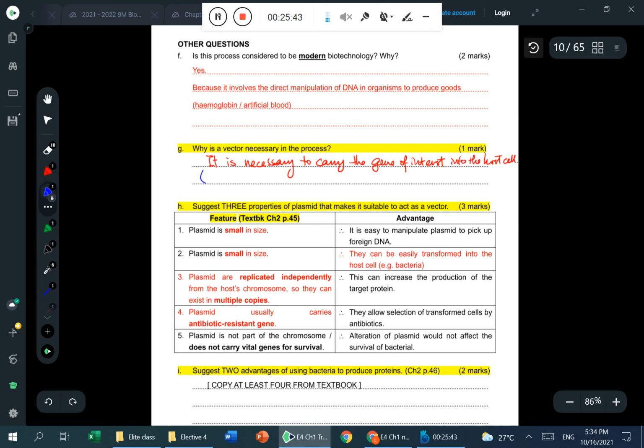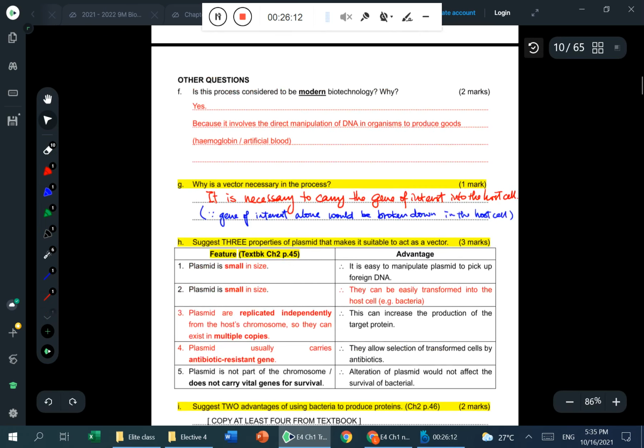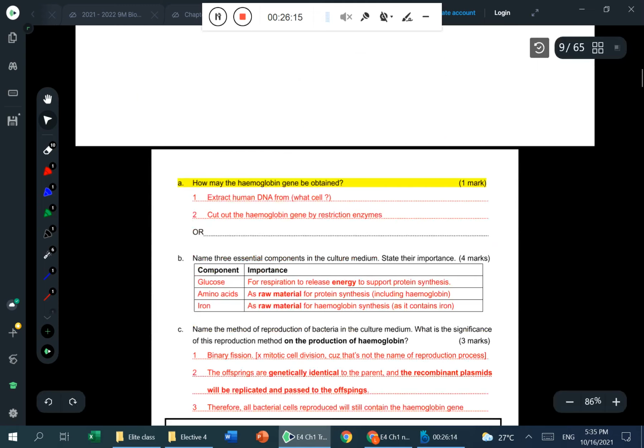But also remember that the gene of interest alone would be broken down by the host cell. So I'm sorry that I forgot to write this answer, and I hope you have a good understanding of this part.